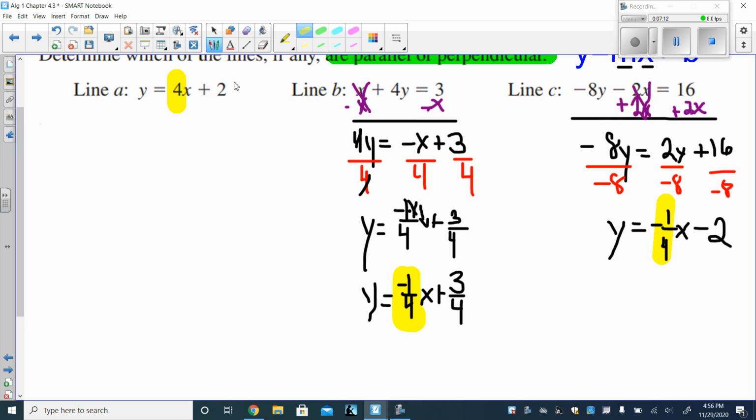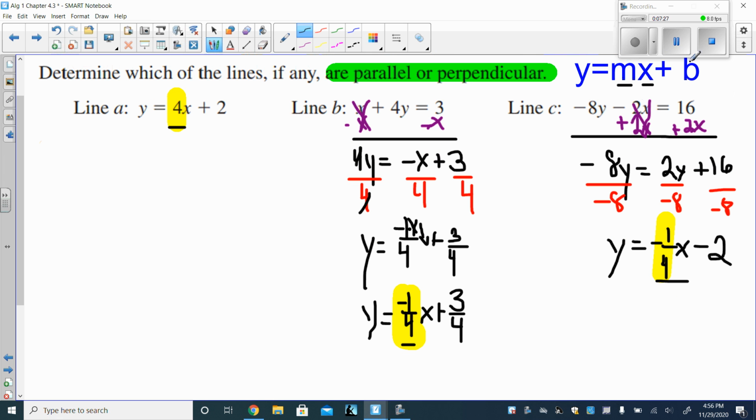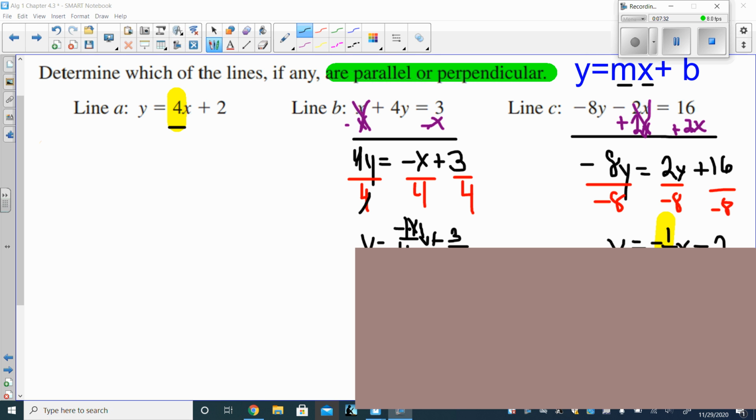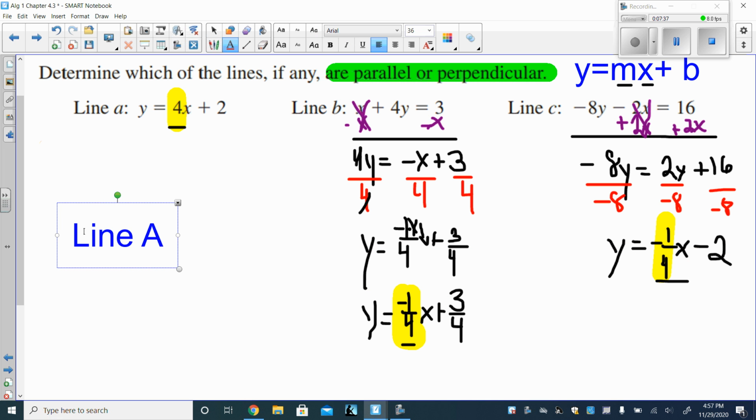So the three slopes that we have are y equals 4x plus 2. So 4. Our first slope is 4. Our second slope was negative 1/4. And our third slope was negative 1/4. So we have these three here. So let's look at the slopes. Well, we have 4. So line A, slope is 4.